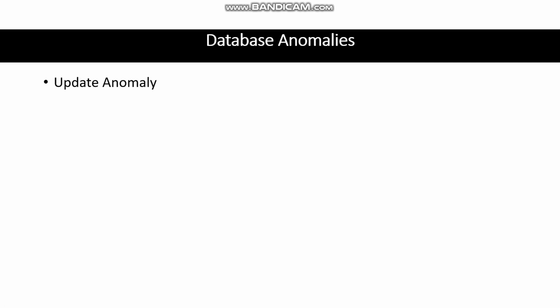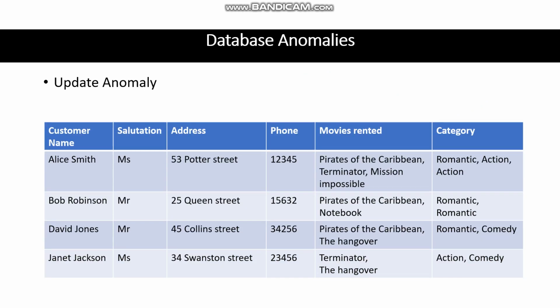Now we'll look at update anomaly. So consider that in the same table we made a mistake, and the Pirates of the Caribbean movie is termed as romantic movie, but actually it is an action movie. Now if we would like to update this information, we would have to manually go through each of the records where Pirates of the Caribbean is rented out by someone and make it an action movie.